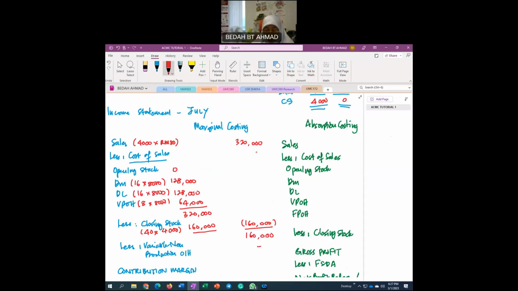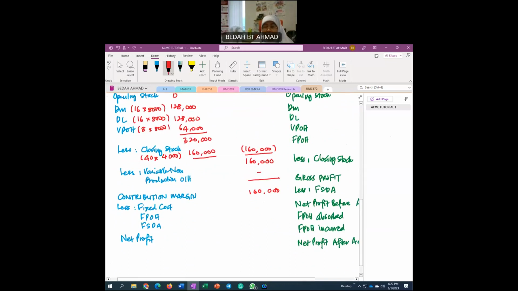So 320,000 less 160,000 means the contribution margin is also 160,000.